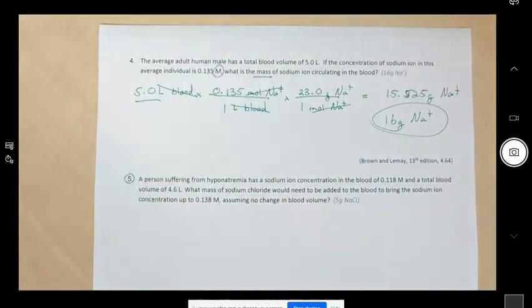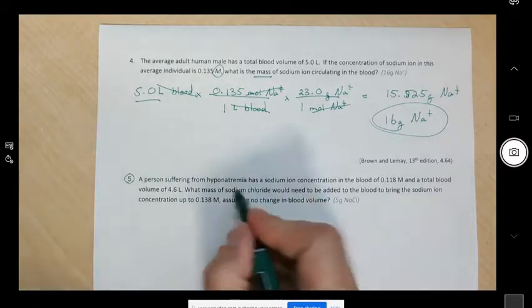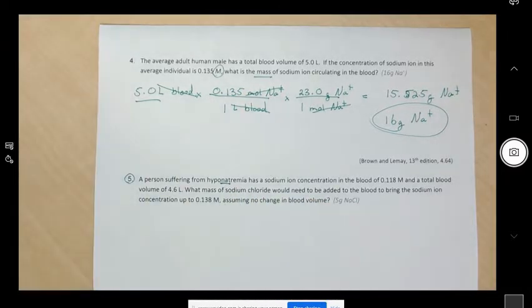This one's a little bit different. A person suffering from hyponatremia. That's interesting, that's actually where the symbol comes from there. Has a sodium ion concentration in the blood of 0.118 molar and a total blood volume of 4.6 liters. What is the mass of sodium chloride that you need to add to bring the sodium ion concentration up to 0.138 molar, assuming no change in blood volume?